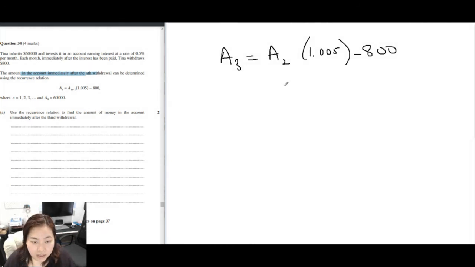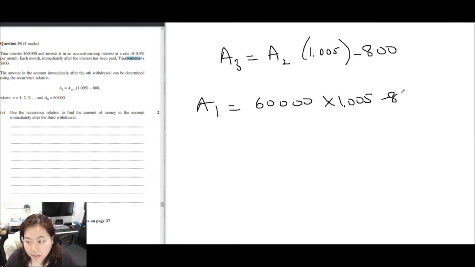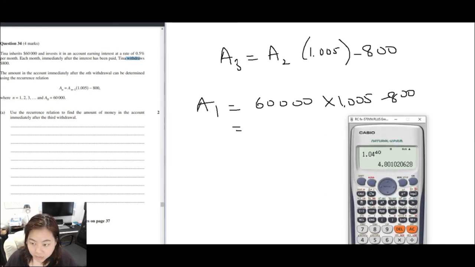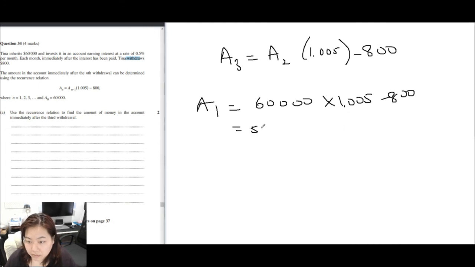Okay, we just have to start from A1. A1 is equal to 60,000 times 1.005 minus 800. That equals 59,500. Then A2 is 59,500 times 1.005 minus 800.